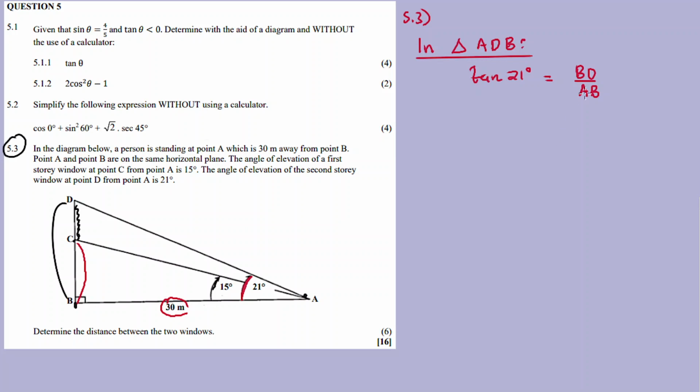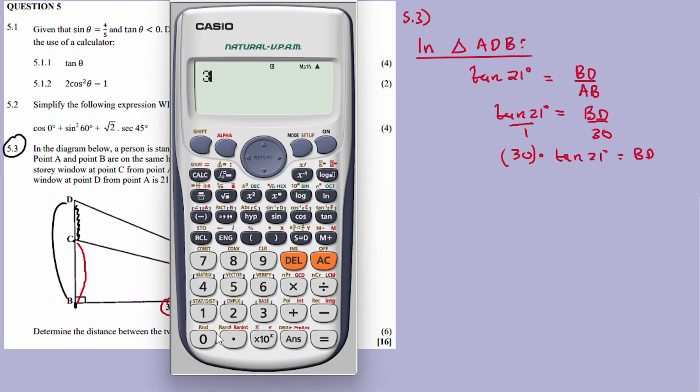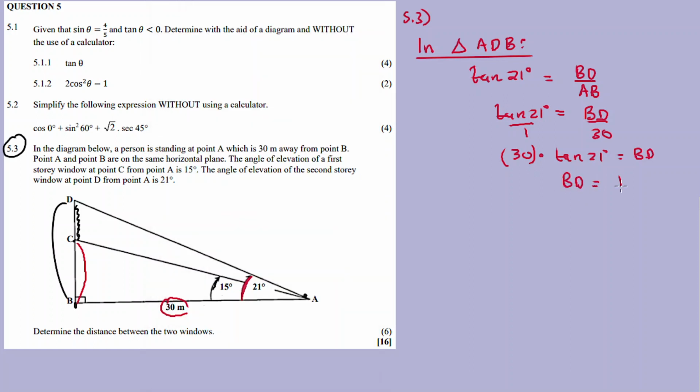It's unknown. So that's why I'm saying tan 21 degrees equals BD unknown over AB, 30 meters. Then I cross multiply, so 30 times tan 21 degrees is equal to BD. We get 11.52. So BD is 11.52 meters.